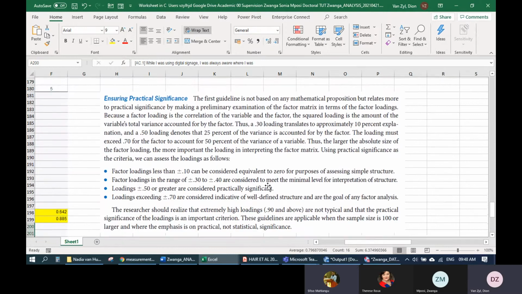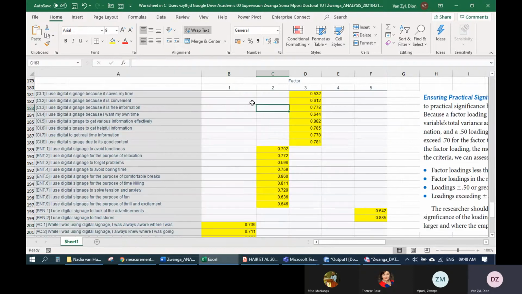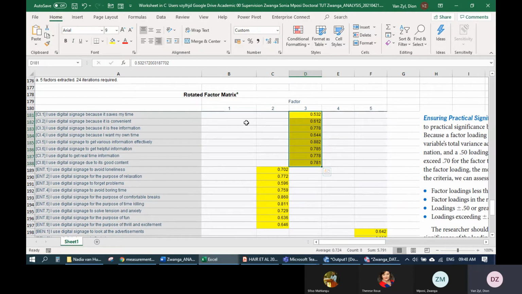Perfect. Here I've just copied and pasted for you a section that gives us a little bit of guideline ensuring practical significance: we look for factor loadings above 0.3, and loadings above 0.5 are considered practically significant. It doesn't mean that there are no loadings here. I just took them out for ease of interpretation.